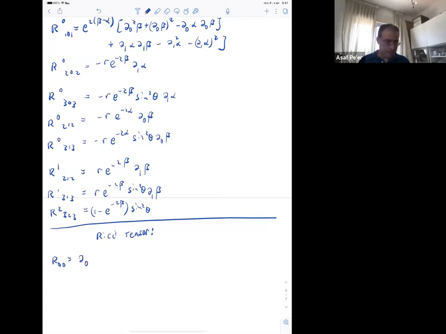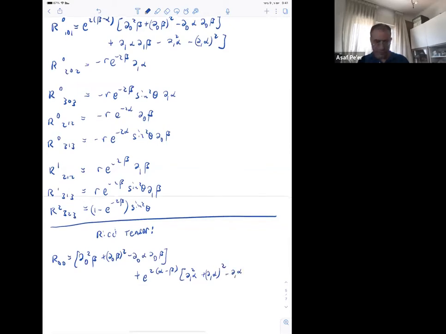It's d0 squared beta plus d0 beta squared minus d0 alpha d0 beta plus e to the power 2 alpha minus beta times d1 alpha squared plus d1 alpha squared minus d1 alpha d1 beta plus 2 over R d1 alpha.